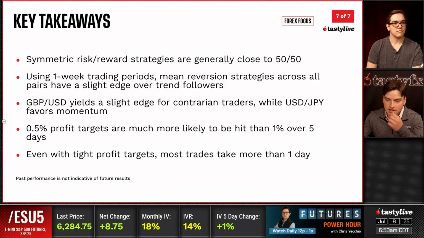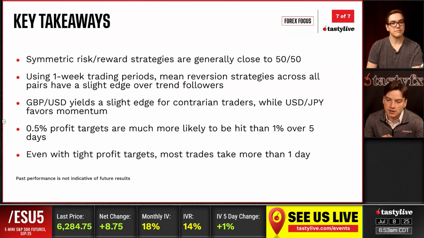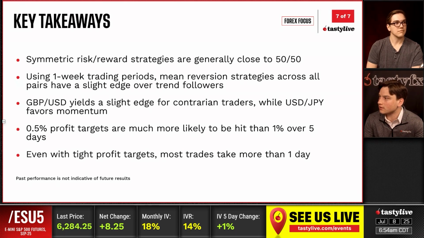And so going to the key takeaways: symmetric risk reward, you're tending to see over this short-term interval close to 50-50. Over 1 week trading periods, we're seeing mean reversion strategies have a slight edge, but a slight edge is everything when you're playing a 50-50 game. And the outperformers across the board are British pound for contrarian and dollar-yen for momentum.